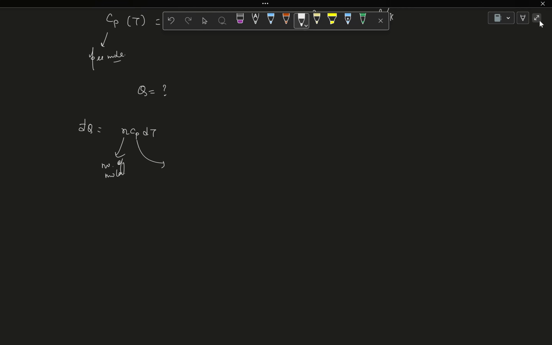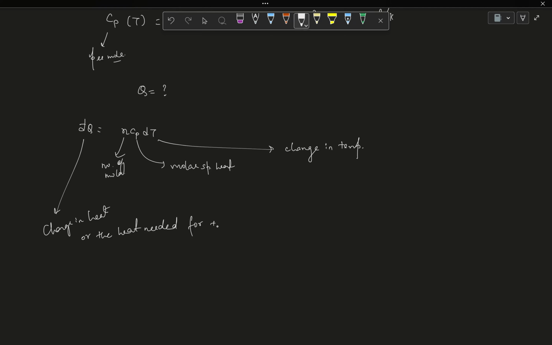This is the molar specific heat at constant pressure, and this is the change in temperature, and dq is the change in heat, or basically the heat that is needed for the temperature change of dT.